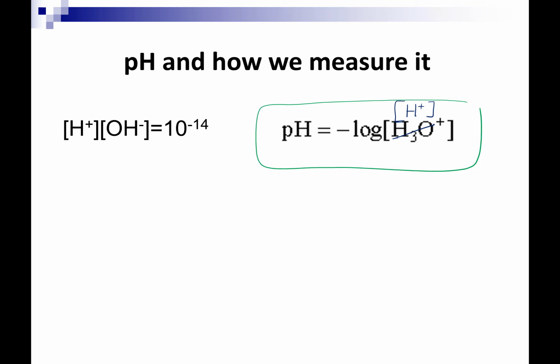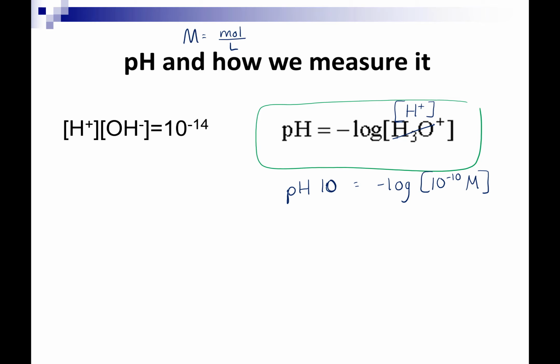So I'm just going to show you an example first. A pH of 10 is the negative log of 10 to the minus 10 molar H plus concentration. Molar is moles per liter.